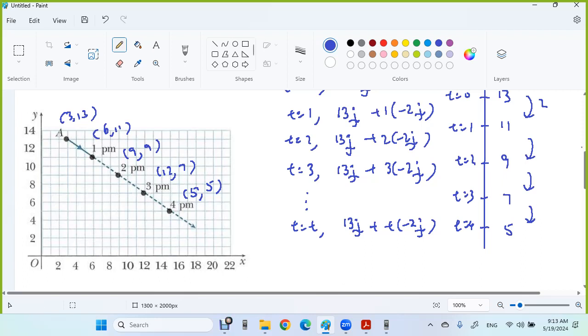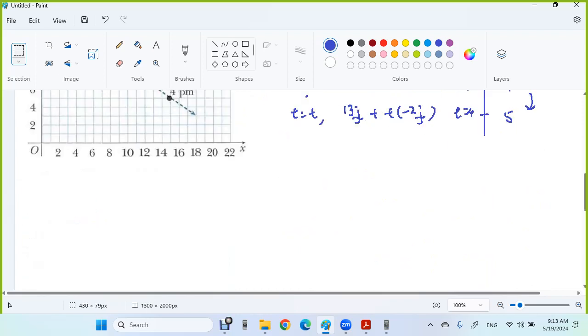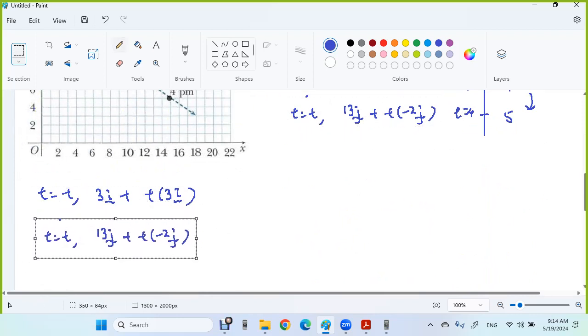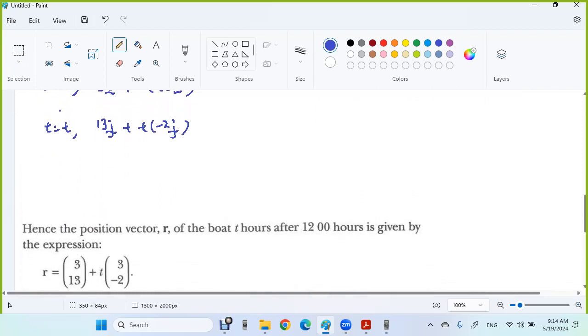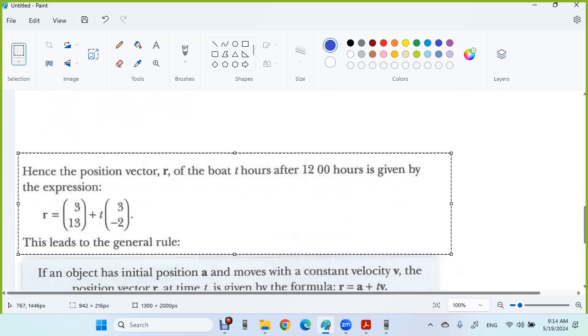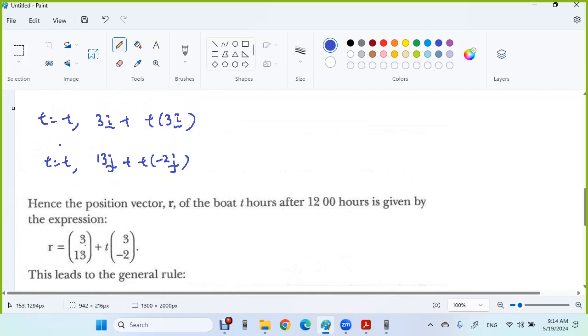So we know that for the x part, it is 3i plus t times 3i, and for the second part, it is 13j plus t times negative 2j. We combine these two and we get the position vector: (3, 13) plus t times (3, -2).